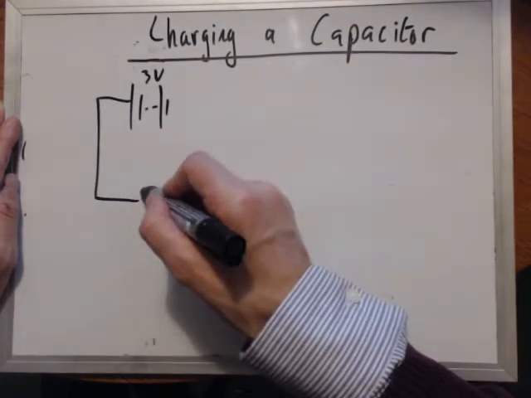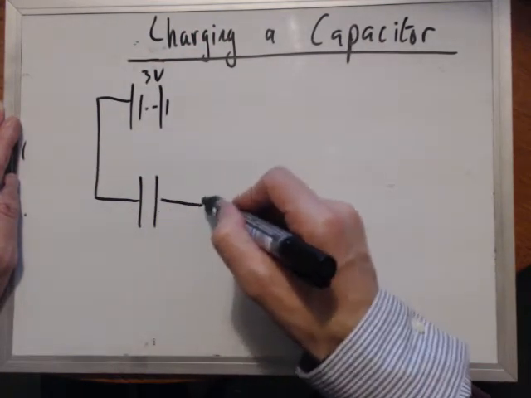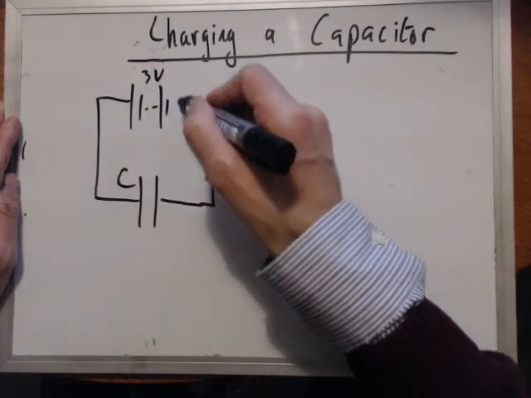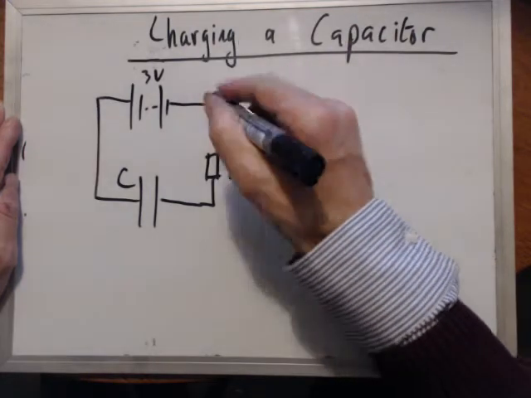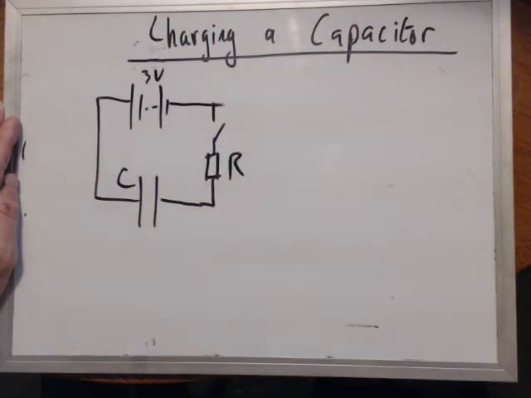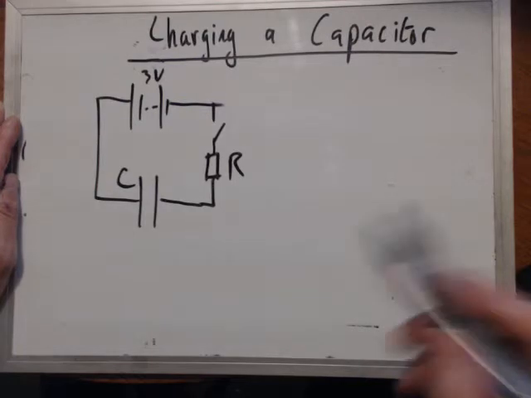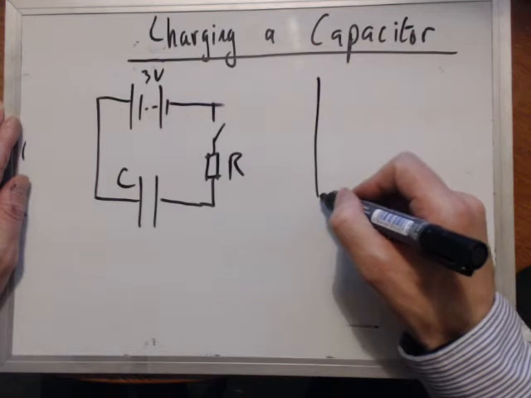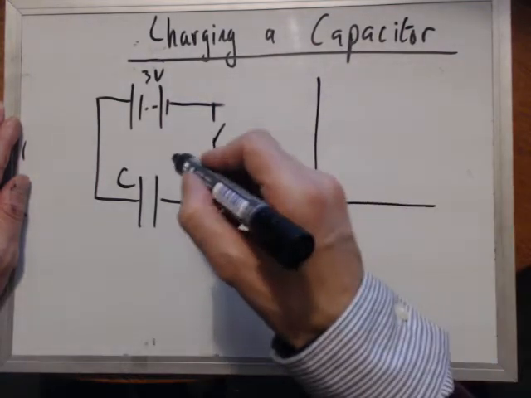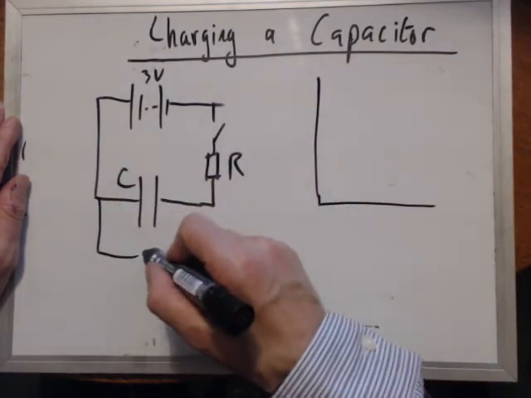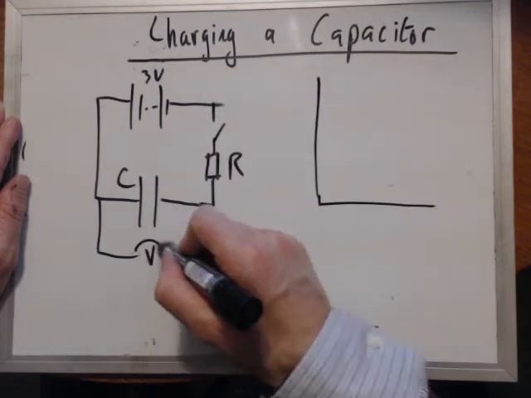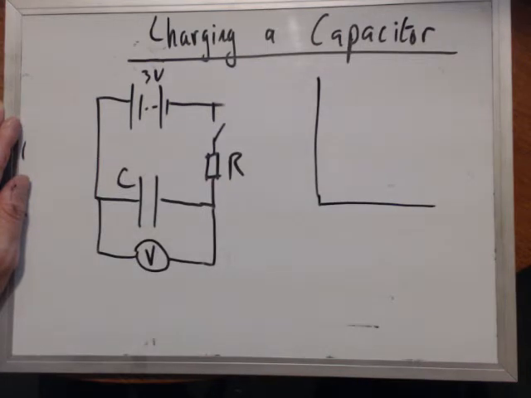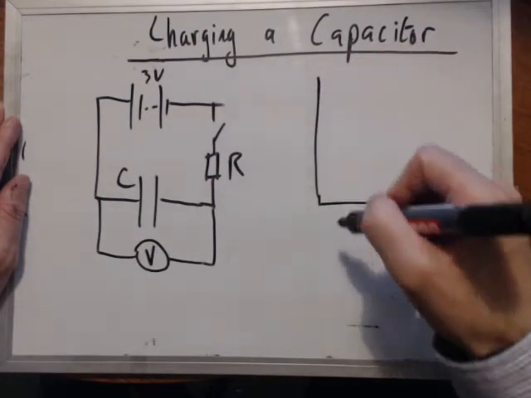We have a capacitor and a resistor R and possibly a switch there. Okay, so this time we're going to start off with an uncharged capacitor, and let's put a voltmeter across the capacitor. So we're going to plot what happens when you're charging up.